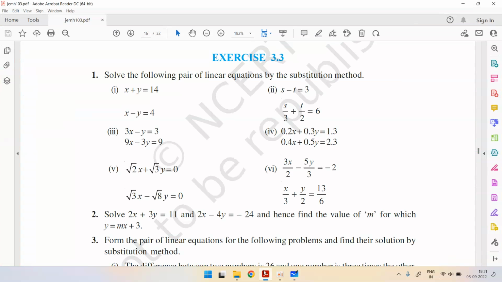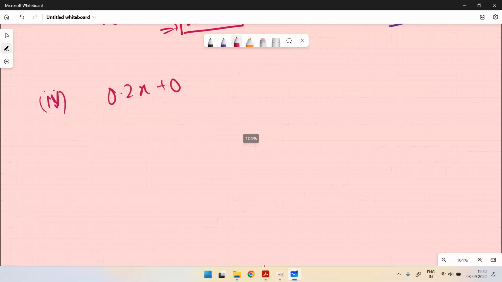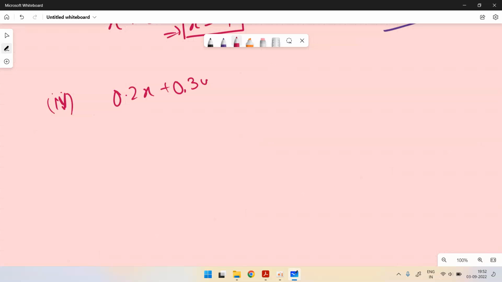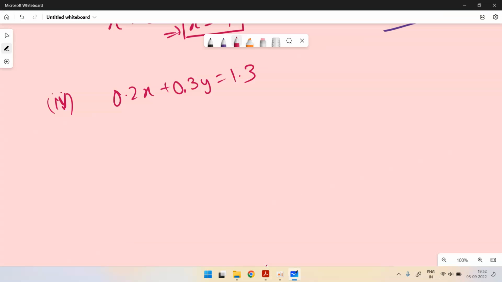What is this? 0.2x plus 0.3y equal to 1.3, and next is 0.4x plus 0.5y equal to 2.3. This is 1, this is 2.